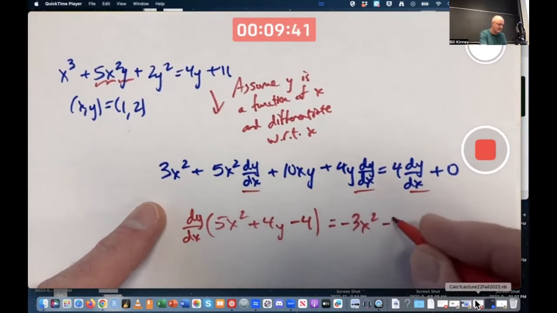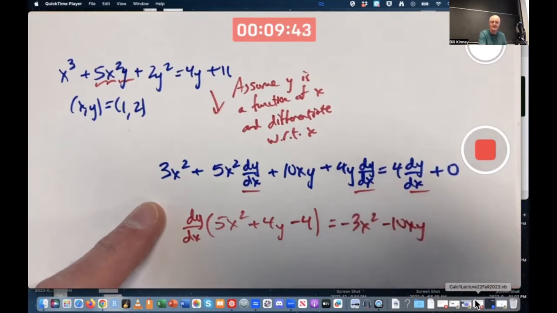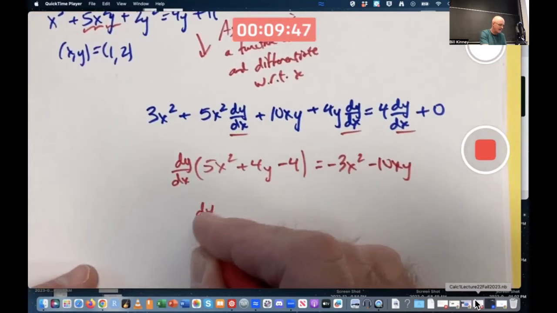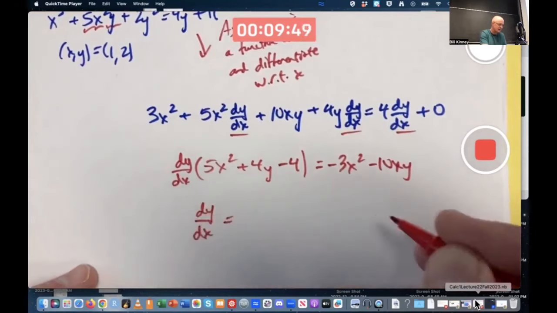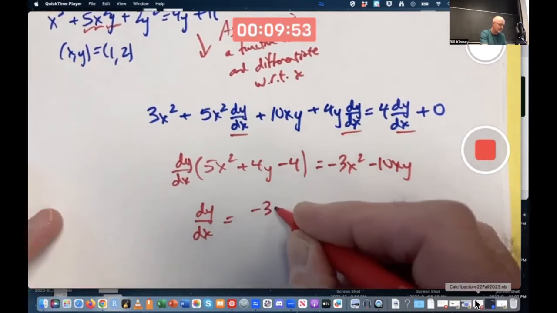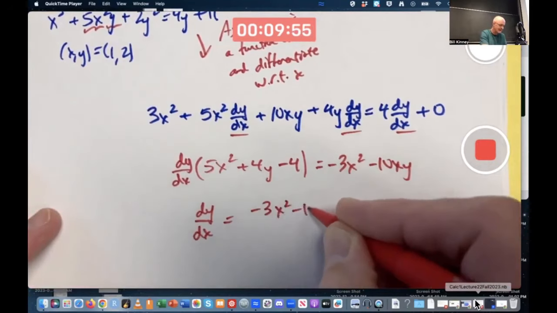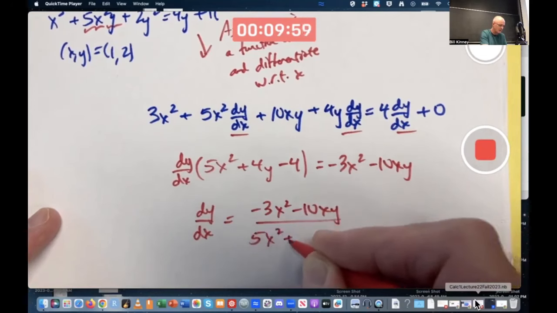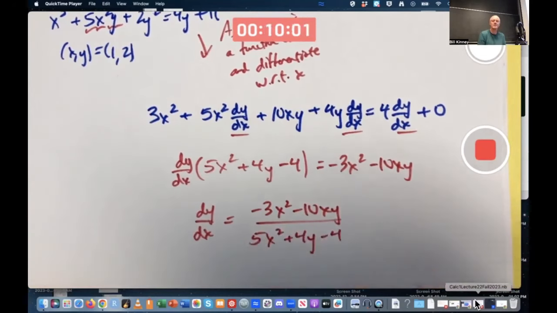Also subtract 10xy and get this. Now divide both sides by what dy/dx is being multiplied by. To get dy/dx is negative 3x squared minus 10xy all over 5x squared plus 4y minus 4.